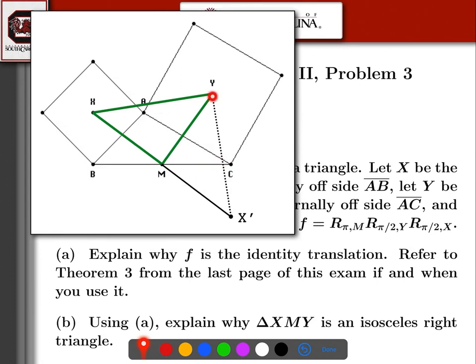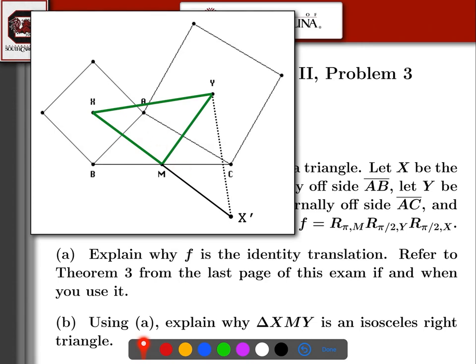This side and this side are the same because XY and YX prime are the same, because we got from X to X prime by doing a rotation around Y. And this side's equal to itself. So that means that these two triangles are congruent by side, side, side. That makes these two angles the same. And because this is 180 degrees, each of them is going to be 90 degrees.